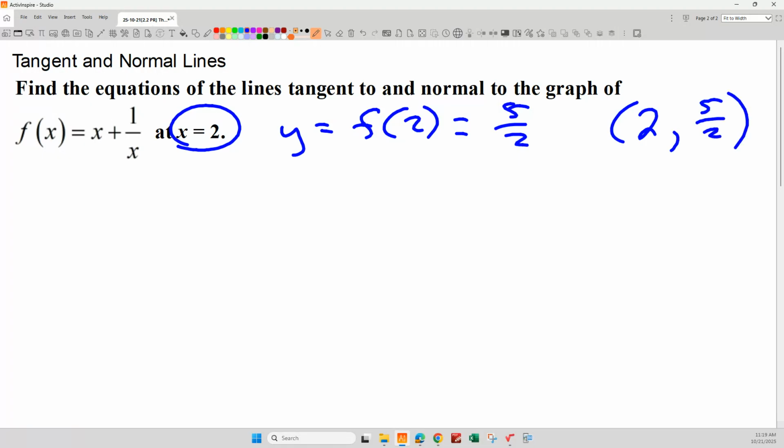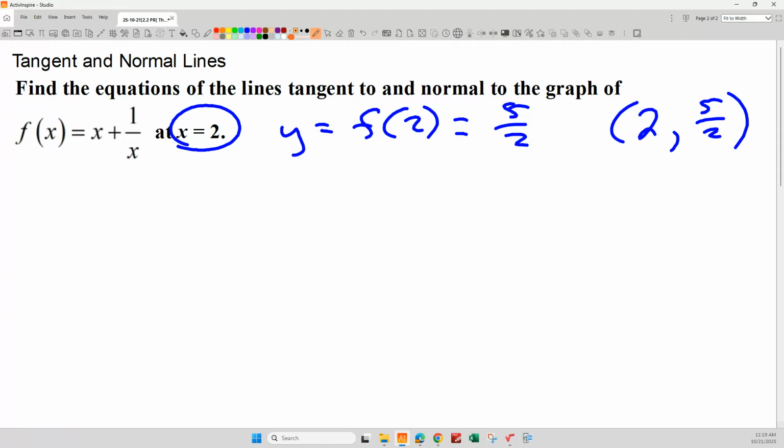How am I going to find a slope? Okay, yeah, so right, so now we're going to have to do, say it again, a slope. How am I going to find a slope? You guys are jumping ahead. Derivative, right? Okay. So the slope of the tangent line is going to come from the derivative.